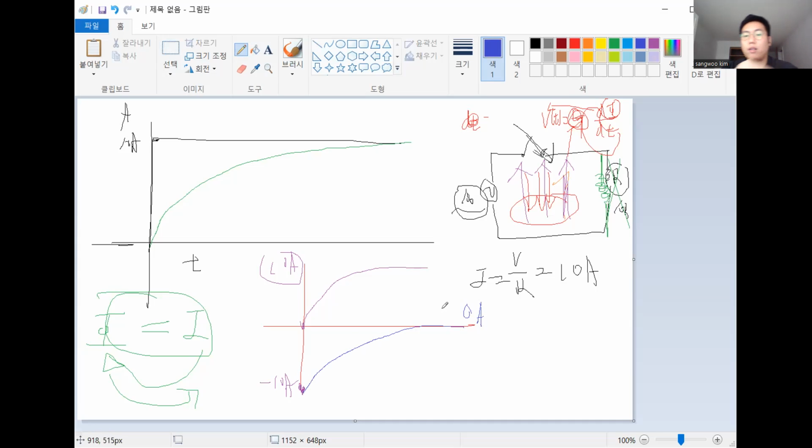Because of inertia, for example minus 10 plus 10 gives 0, then minus 1 plus 10 gives 9.